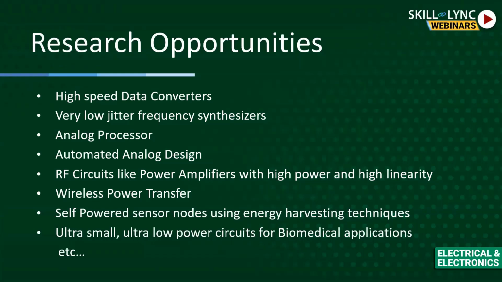There are also very low jitter frequency synthesizers. Now, what are frequency synthesizers? You know what a clock signal is. You might have heard about this in your Intel processor or your AMD processor, that this is a 2 gigahertz clock, or a 3.2 gigahertz processor. That is the clock speed, and to generate that clock, there's a circuit which is called a phase lock loop.